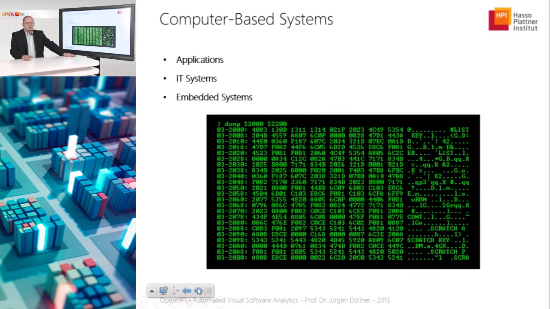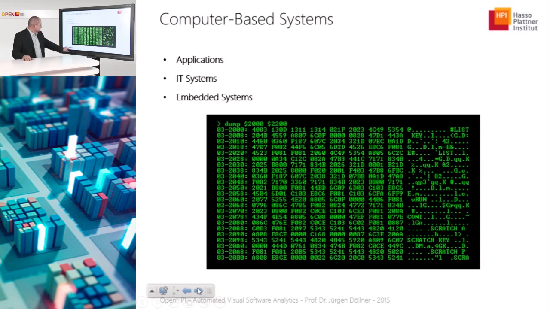Most likely you are all familiar with a number of computer-based systems. For example, classical desktop applications, big IT systems, or embedded systems, which typically are not visible at all. For example, this is what most people associate with the term computer-based system, machine code.